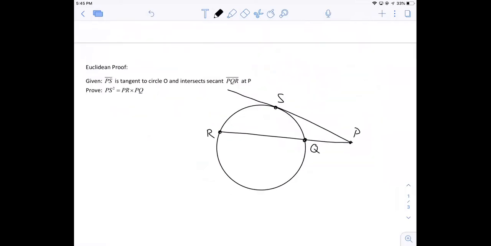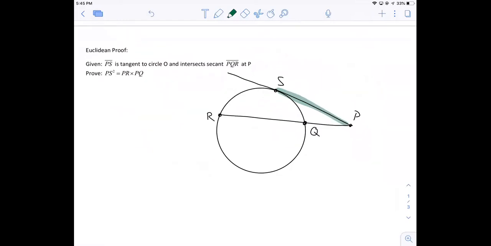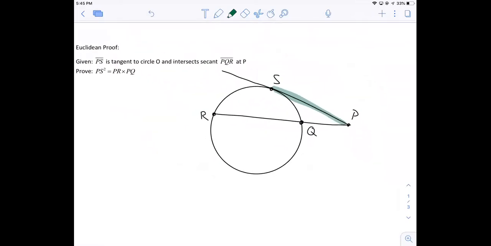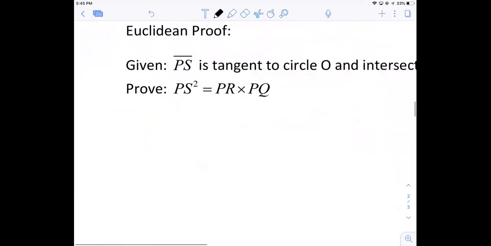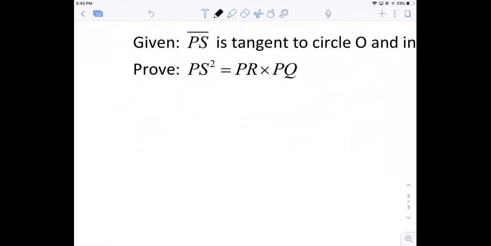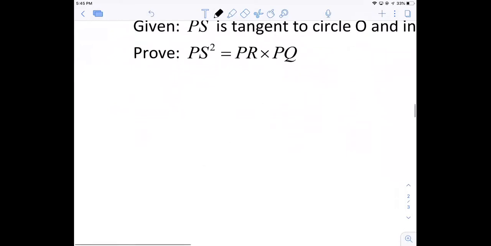So again, we're trying to prove tangent squared, or tangent times itself, equals the entire secant times its external portion. In other words, that tangent is the mean proportional between the secant and its external segment. So how are we going to prove this? Well, it's the same analysis that we just did before.